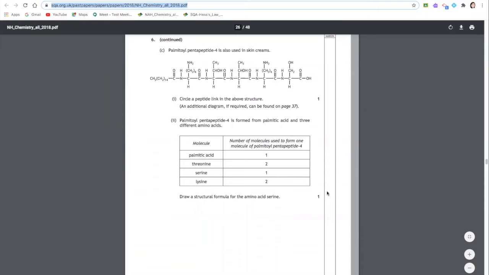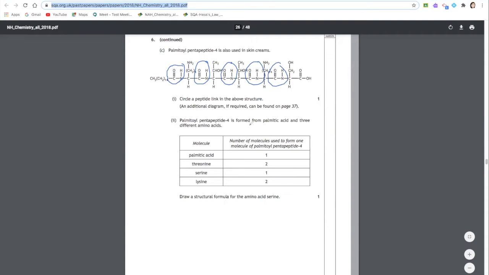Then circle a peptide link in the structure here. The peptide link can also be called an amide link, and that's the one with the CHON elements in it. So that would be one here. You could have also circled this one, or this one, or this one, or this one.